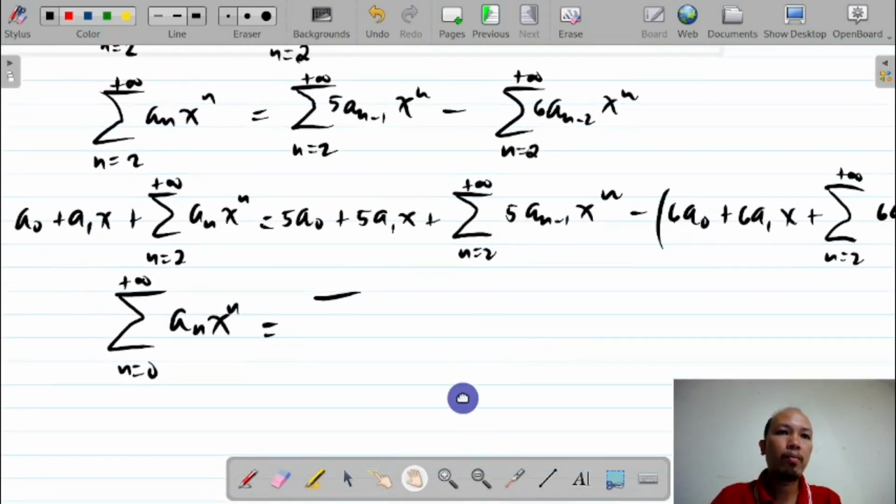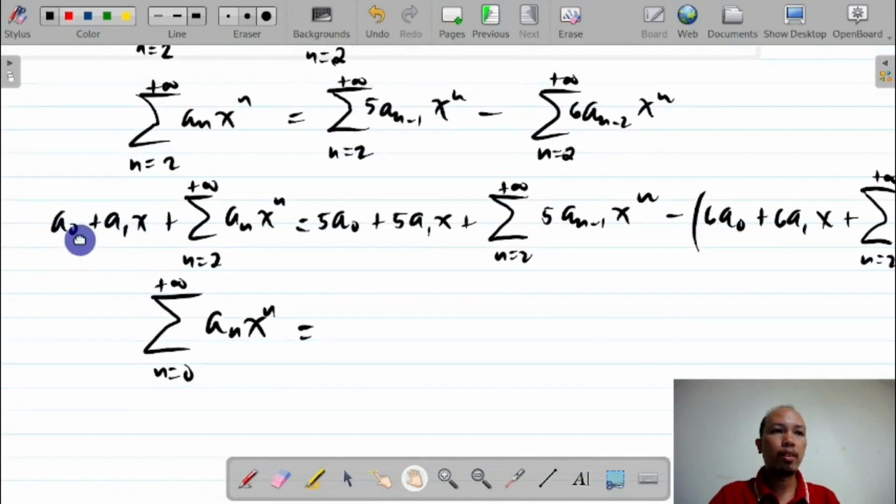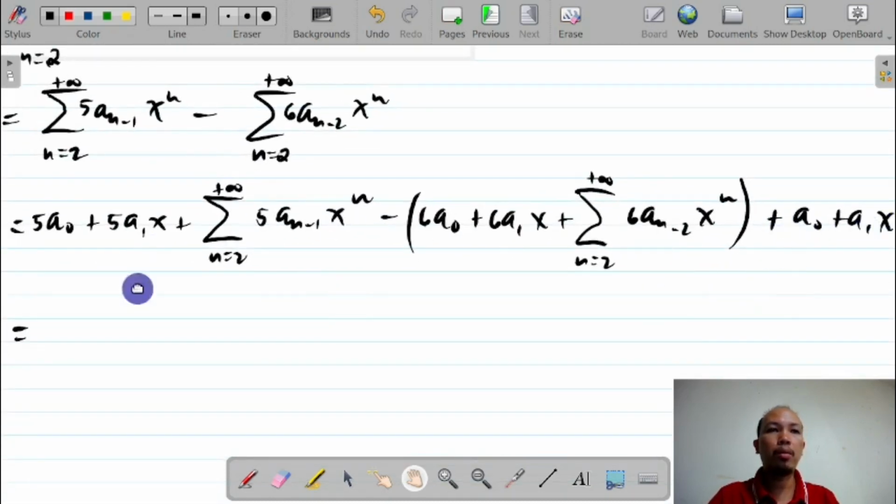Let's erase this one here first. So don't forget, since we add these two terms here, we have to subtract somewhere here. If you transpose a sub 0 and a sub 1, we have 0.